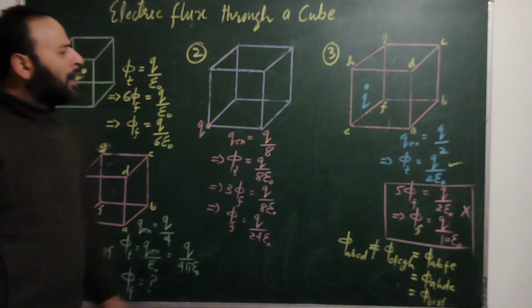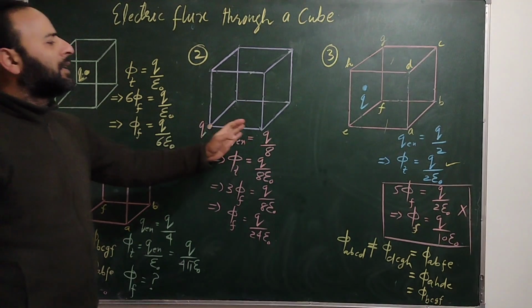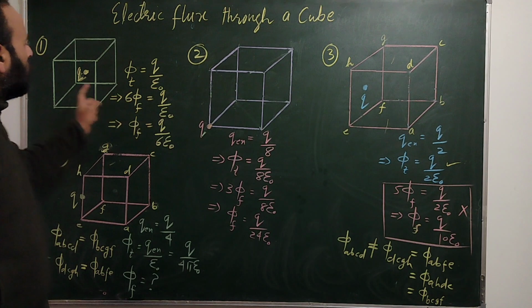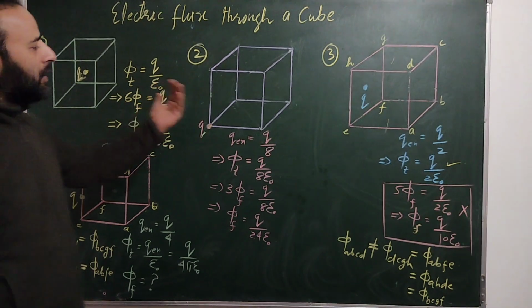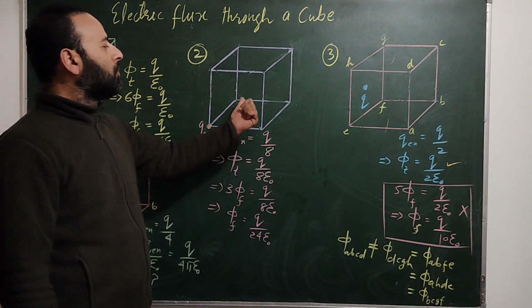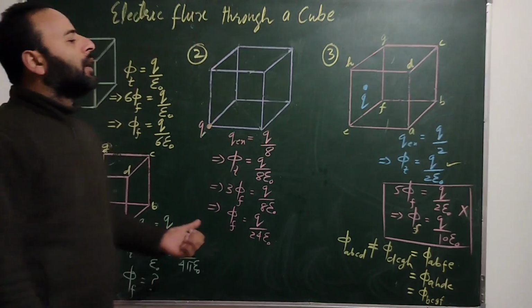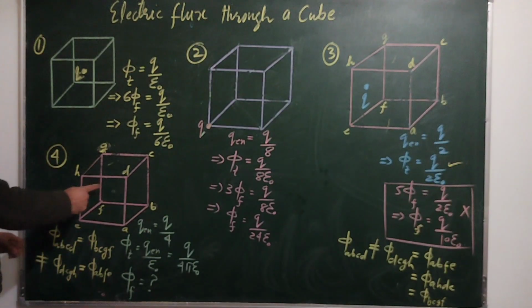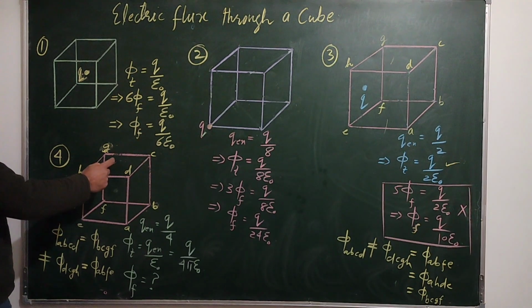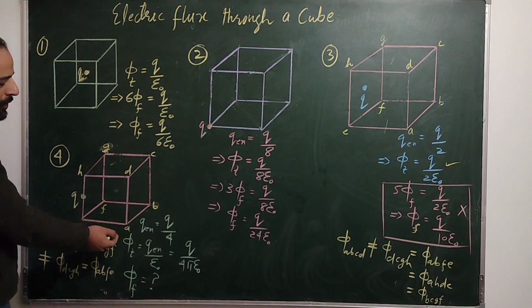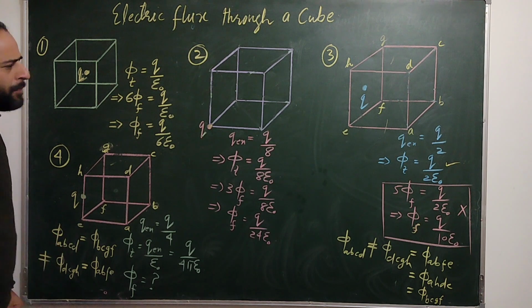In this method, we calculate the total flux, and wherever it is possible to calculate the flux through each face using symmetry, we do that. But in the case of these problems, we skip the flux through these faces.